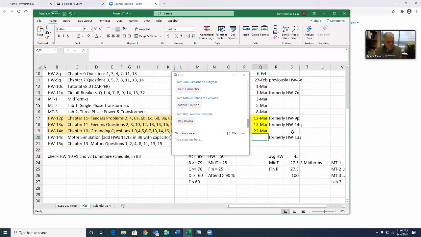So it's only reading on chapter 10, which we are going to discuss today. Those are already there.